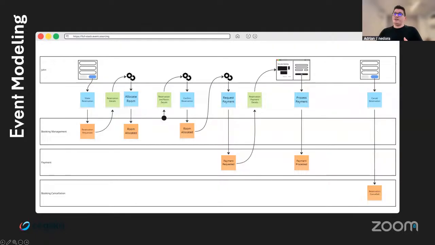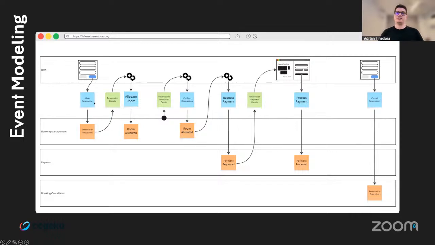This is how an event modeling diagram looks. As you can see, from top to bottom it's split into swim lanes. This is what they are called. In the first row, we have the persona. In our case, I have used John. John is the person that wants to book a room in our hotel. The persona completes a form and makes a reservation.